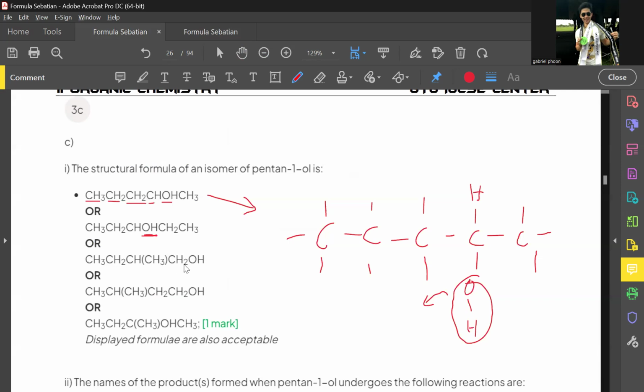This one here is a branch. It will be CH3, CH2, then CH, then CH3, then CH2, then OH. This is a branch of this.